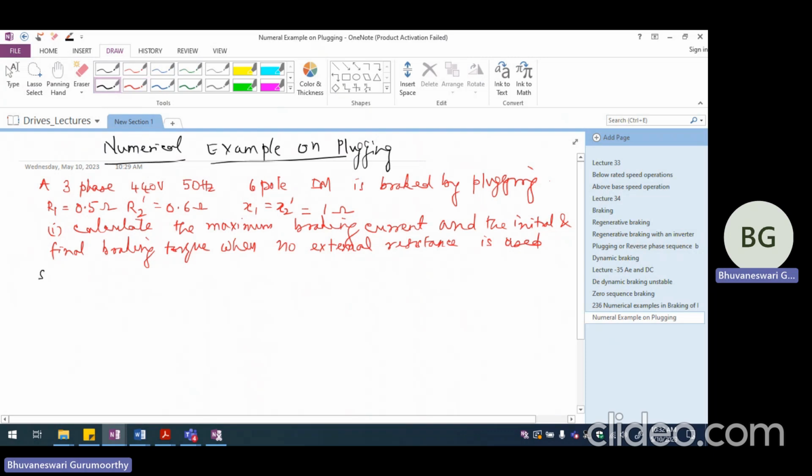So first thing we need to do is to understand the torque speed characteristics during plugging. If I say that this is going to be the normal characteristics of the induction motor during motoring operation, and let us say this is the speed axis, and this is going to be the torque axis, and this is the synchronous speed, and this is the origin.